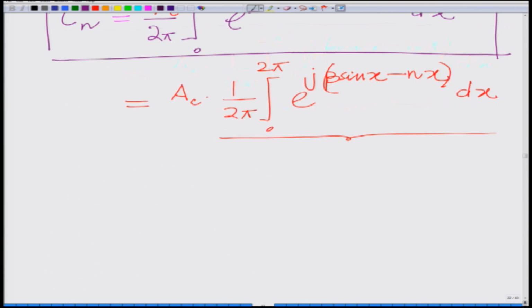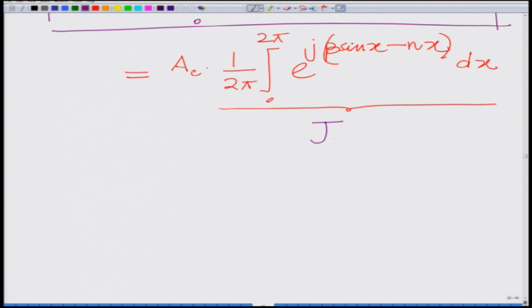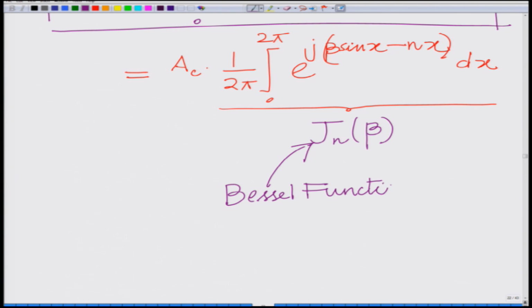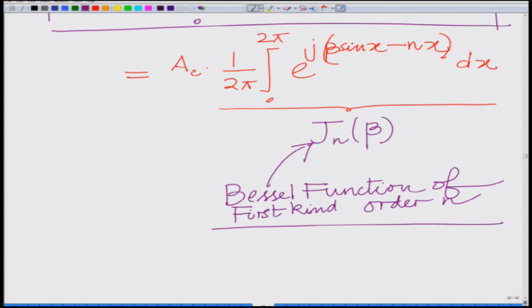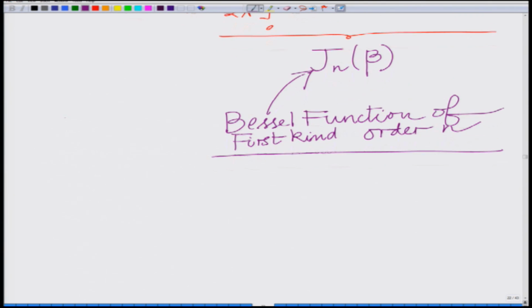This is basically the Bessel function, J n of beta, the nth order. This is the Bessel function of the first kind and order n, a standard mathematical function.